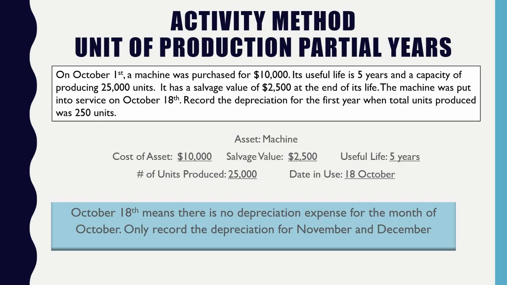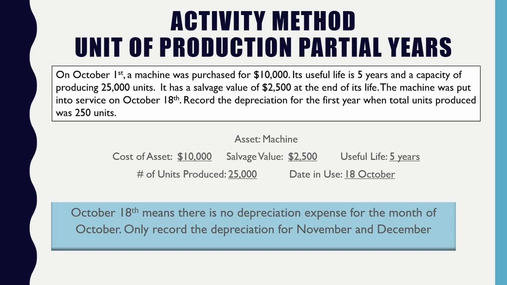Now, this is where we're actually going to take into consideration, well, what happens if I bought the asset at the end of the year? In this case, we're going to be dealing with partial years. Here's the example: on October 1st, we decided to purchase a machine for a total of $10,000. It has a useful life of 5 years and a capacity of producing 25,000 units.